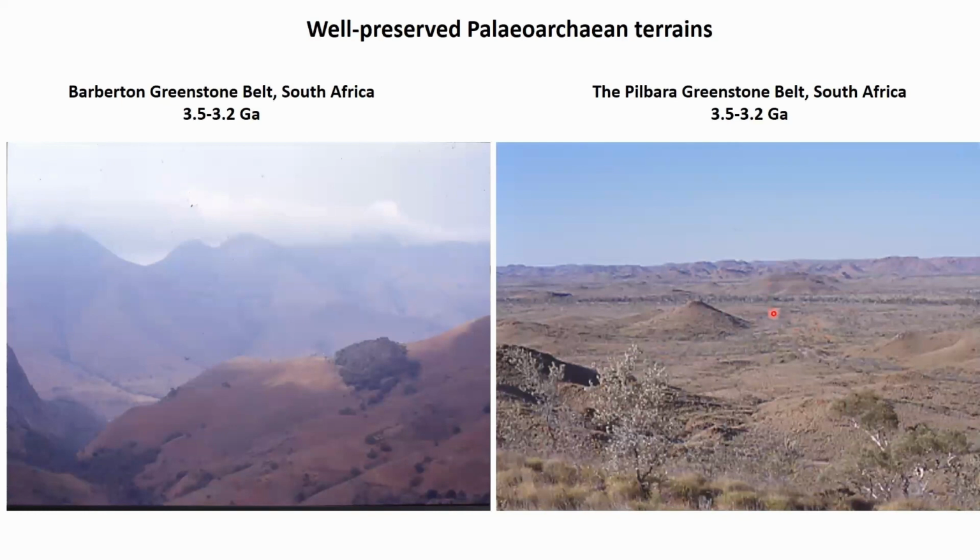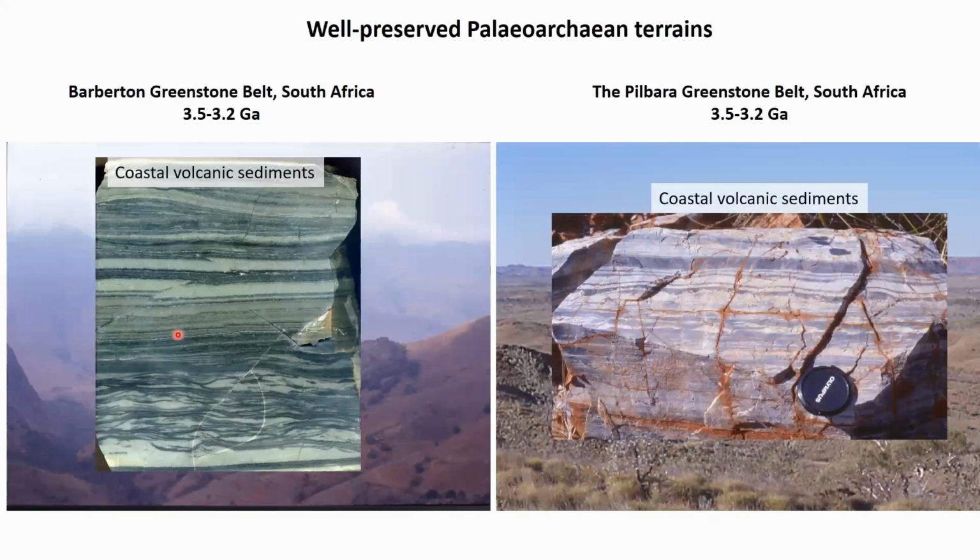Anyway, the North Pole is quite flat with some hills. The Barberton Greenstone Belt, also of similar age, has lovely mountains, just on the edge of the kingdom of Eswatini.